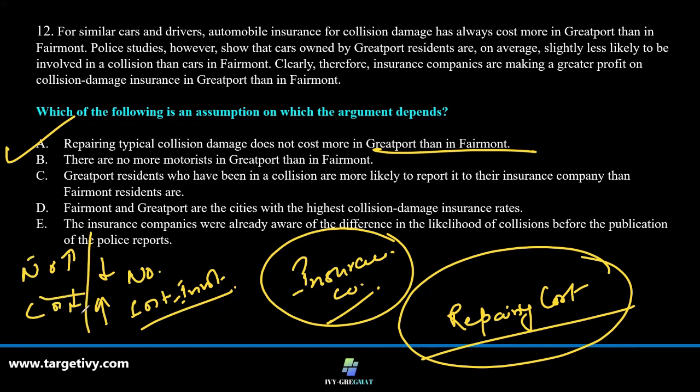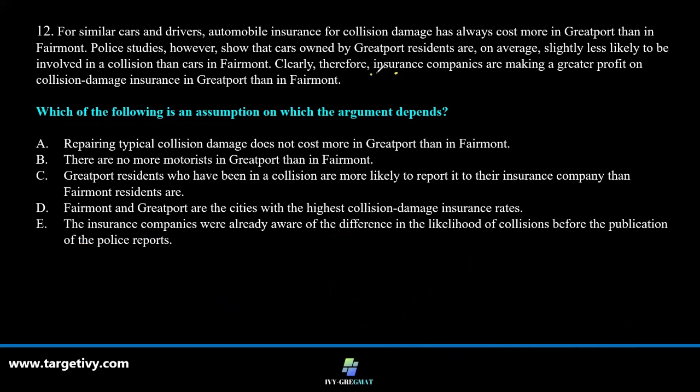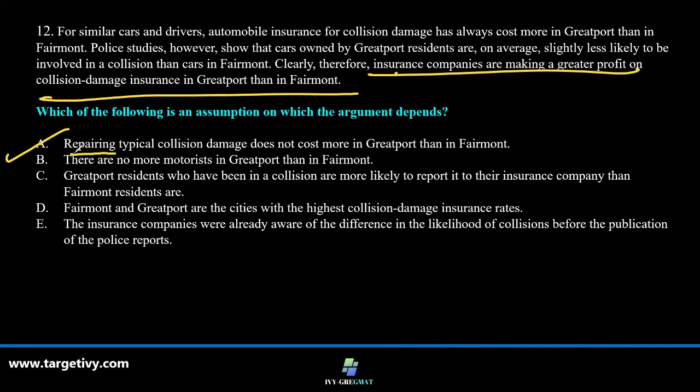So our author's conclusion holds true only if the typical repairing cost of collision damage is not more in Greatport than in Fairmount. Option A is the correct answer. Okay, let's go to the next one.